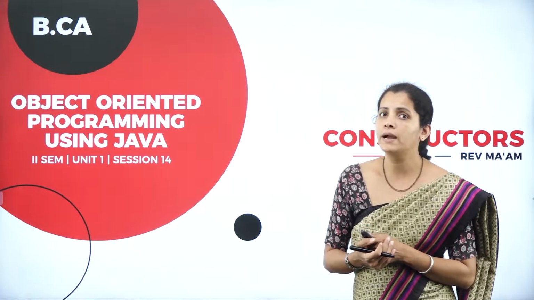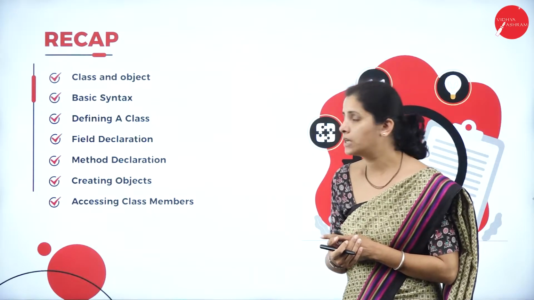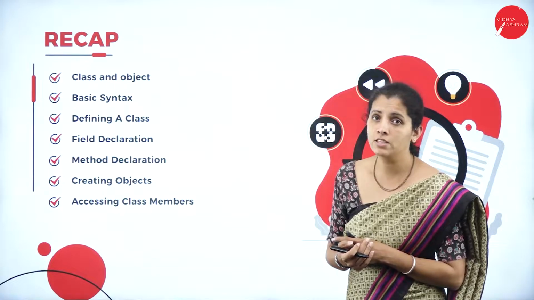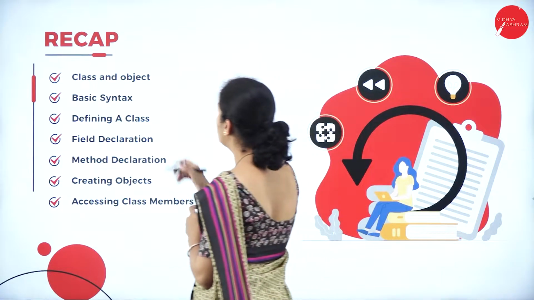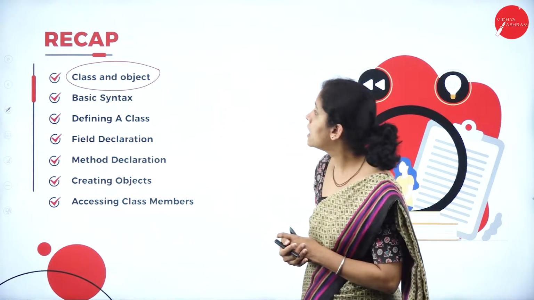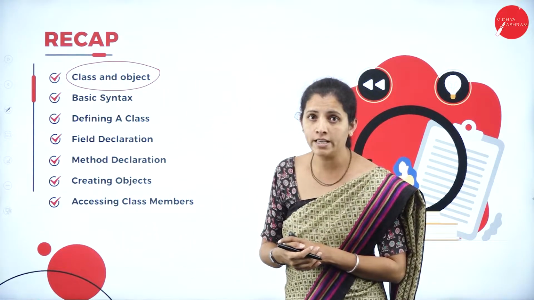Before going to start today's session, let me recall the topics I discussed in my previous session. In my previous session, I started with what is a class and what is an object.